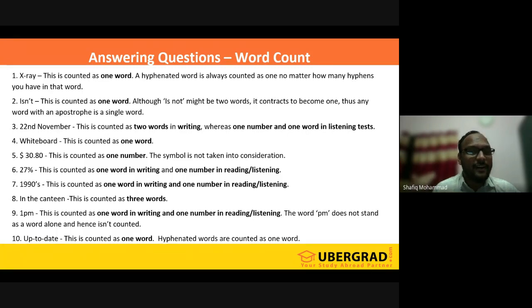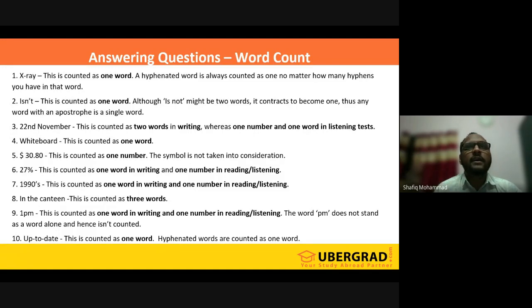If it says one word only, then the answer will be one word only, guys. No other word is added to it. So you have to be very careful with the instruction. Also there is 'one word and a number', or 'one word or two words or a number'. That means a word will be there, and also a number.